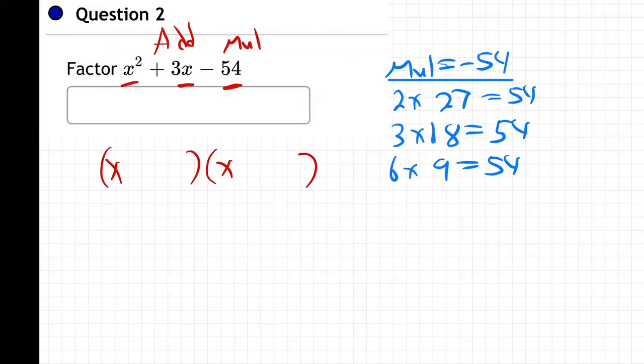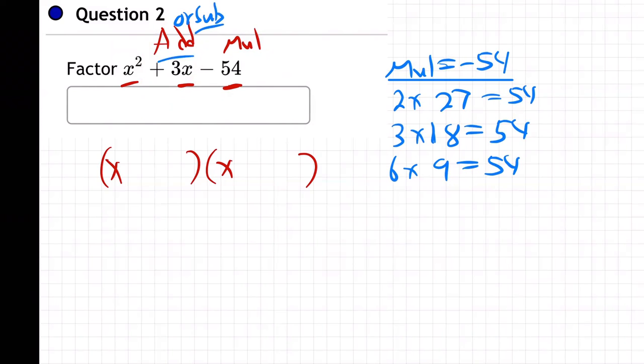Now, so there's some options. Those different numbers. Now, I know they don't make negative 54. I'll get to the negative in a minute. Let's just focus on the plain old 54 for a start. So which of those numbers, the 2 and the 27, the 3 and the 18, or the 6 and the 9, have the ability to either add or subtract? Now, when I say add in the middle, I hope you understand that I mean or subtract. What do you mean?